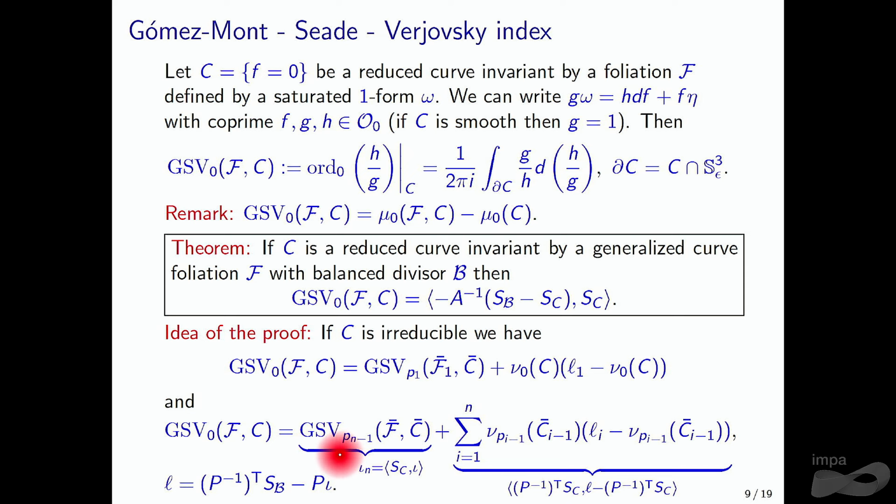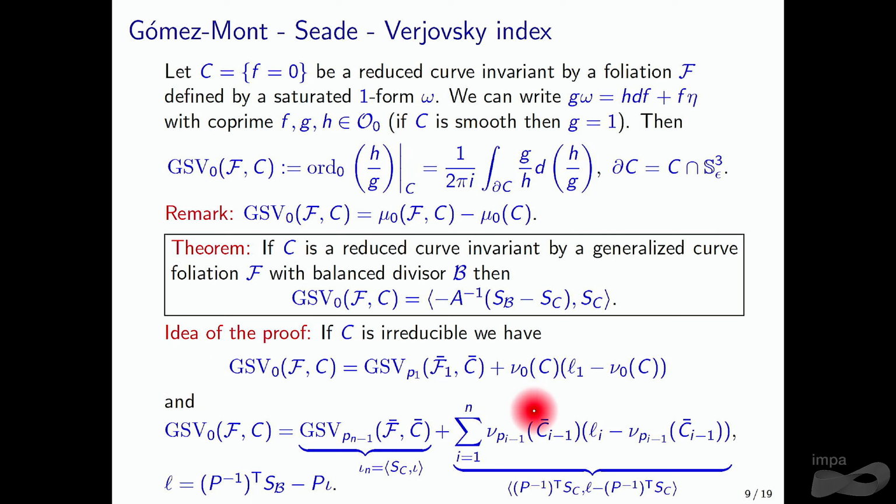after n blow-ups, there are two possibilities. If the last point is singular, the GSV index is 1, and if it is regular, the GSV index is 0. So in any case, it is iota_n, this component of the vector iota.